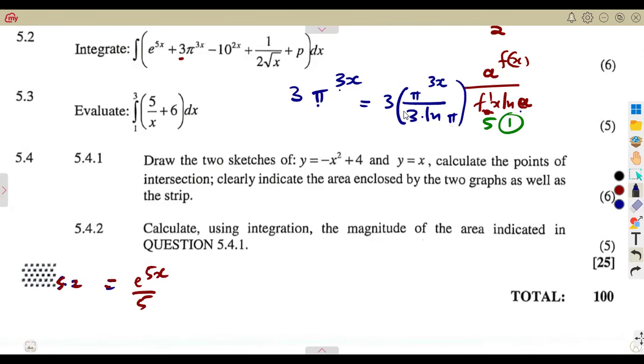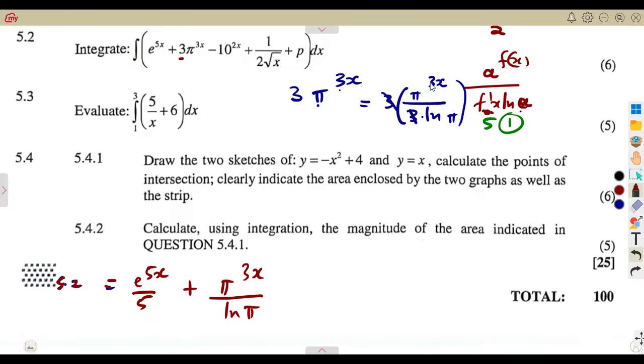We're going to cancel the 3 here and also the 3 that we are having. So our answer is going to be plus pi to the exponent of 3x, everything over the ln of pi. So that is for the integral part that you are having.